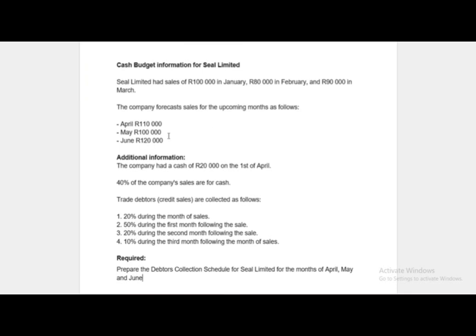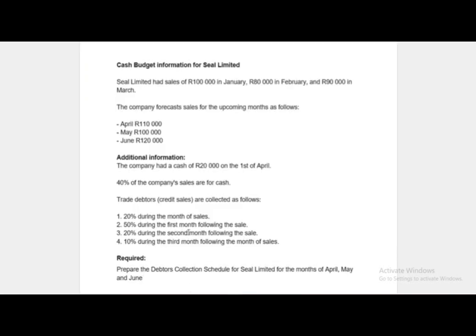So I want to clarify certain things on the answer sheet that you must have in your mind, all right? So number one, on this table where you are going to prepare this format of the debtors collection schedule, you are going to determine the months. You are also going to calculate the credit sales, and then you are required to prepare this schedule for which months.